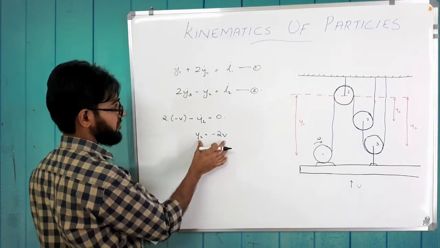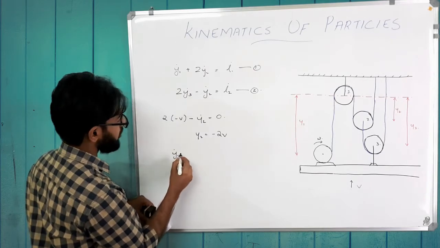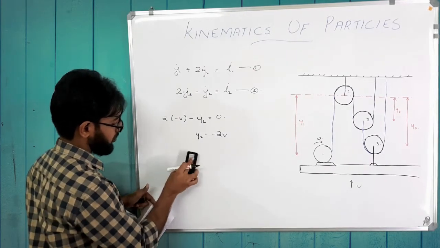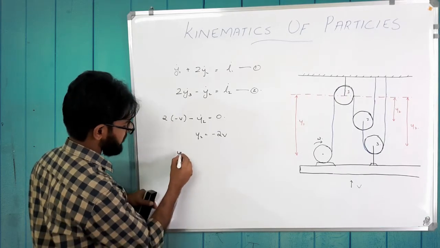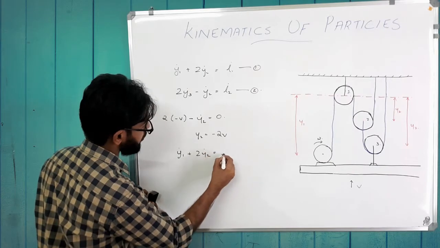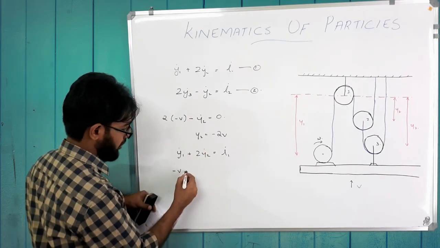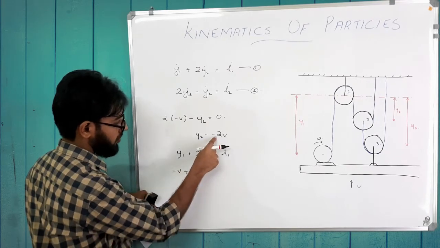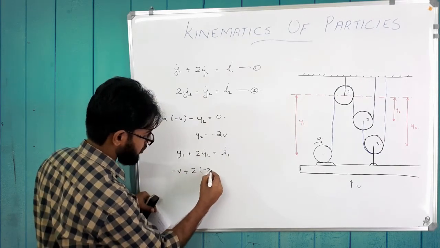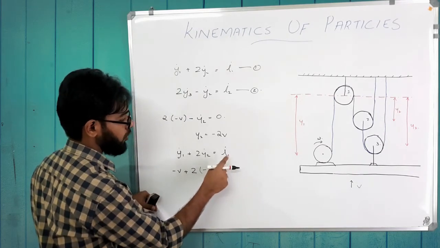Now substituting this in the first equation, y1 dot plus 2y2 dot is equal to L1 dot. y1 dot is minus v plus, substituting y2 dot, 2 into minus 2v is equal to L1 dot.